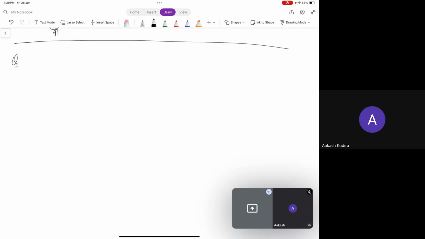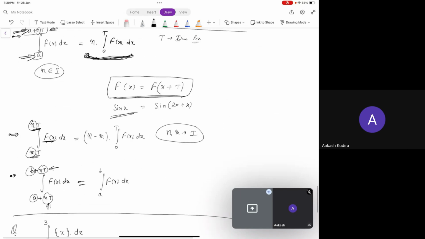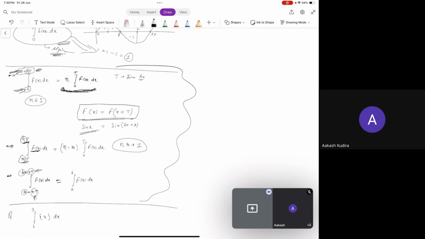For example, the integration of the fractional part of x dx. The question is very, very simple. The integration of this from 1 to 3. Now I can do this question using different methods. Method 1 is a very simple method, for when you don't know the properties we are studying here. Still you can do it.